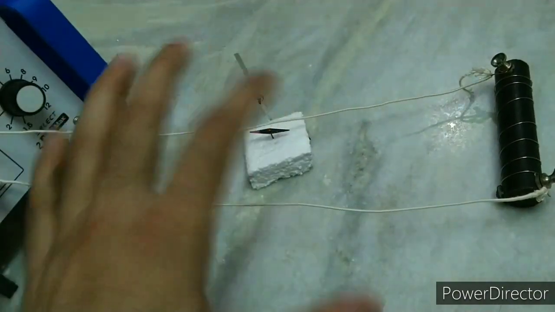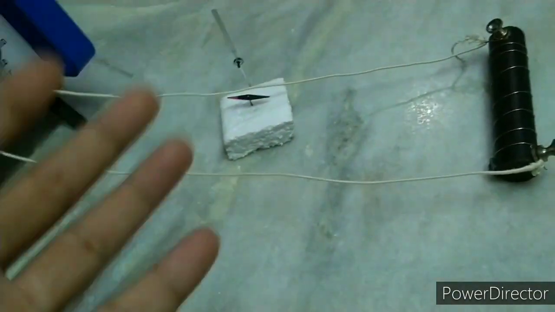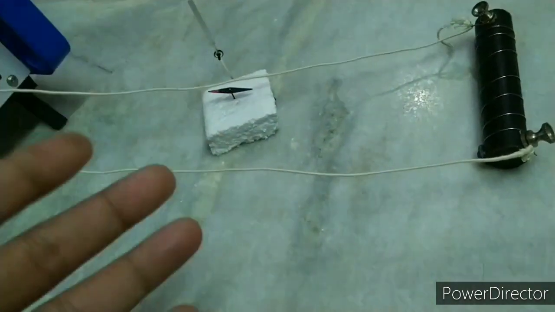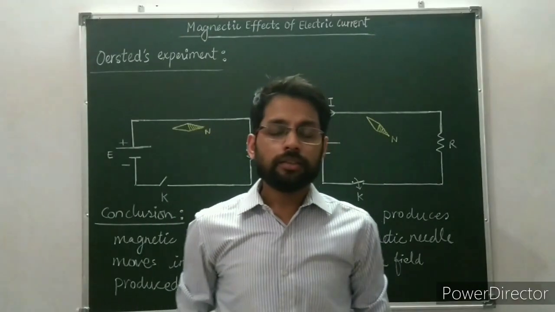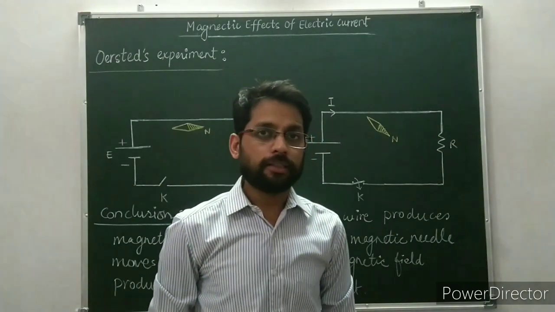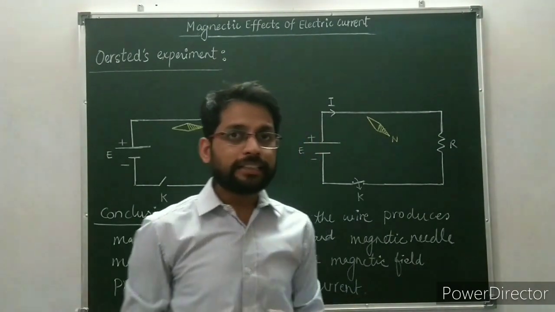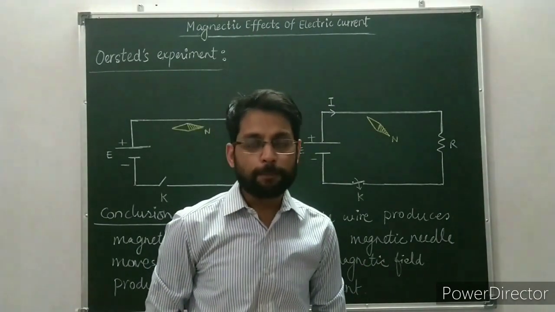So in this experiment we see that the magnetic needle responds to the current in the wire. The Oersted experiment was the most important experiment ever done because it links electricity to magnetism.